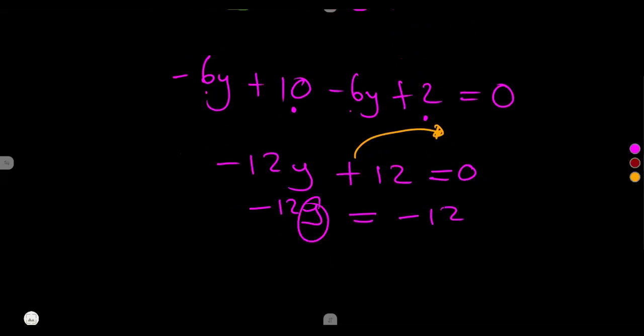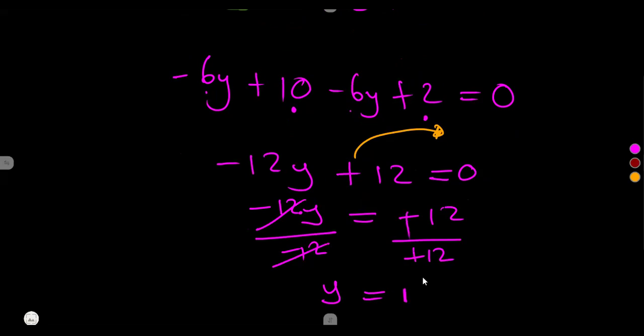To have this y there, what is affecting? It's a negative 12, a product. So divide by what? By negative 12. So you cancel this. That's y is equal to what? A positive 1. So this is how we're going to have the value of y. Y is positive 1.